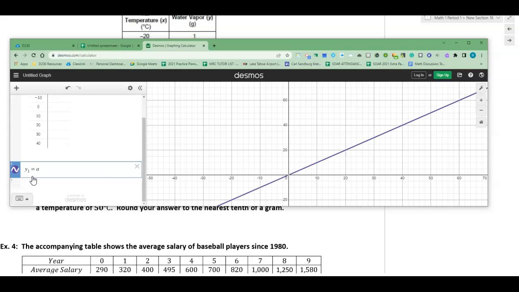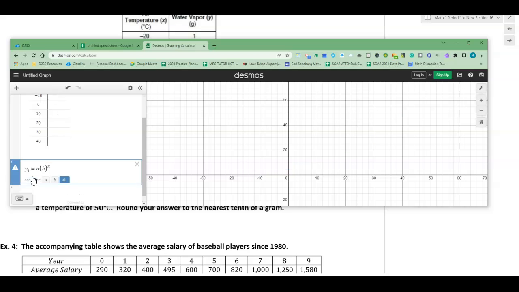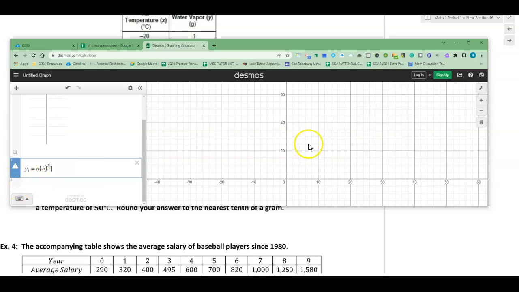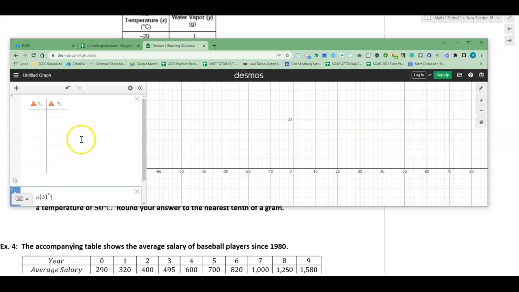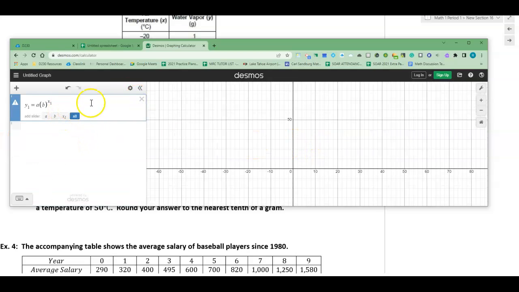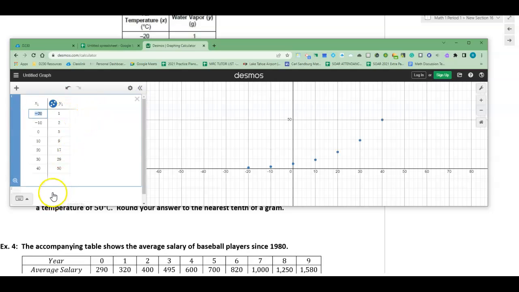Y1 equals A times B to the X1 power. And if you look at this, oops, what happened to our table?